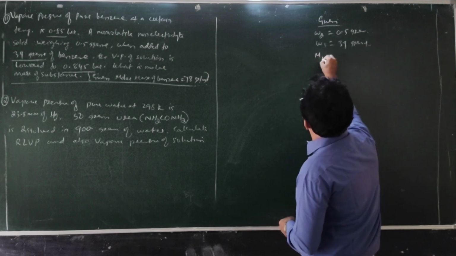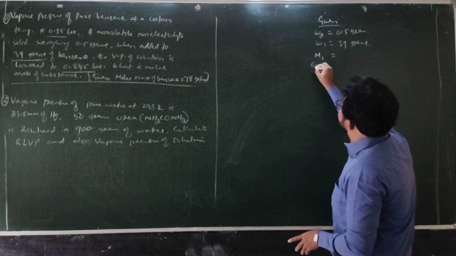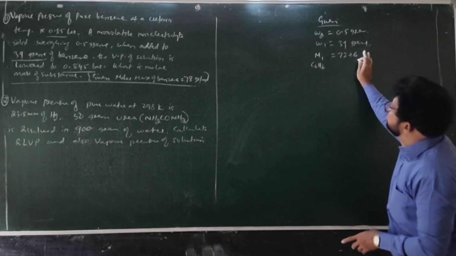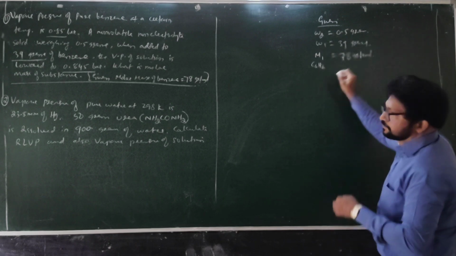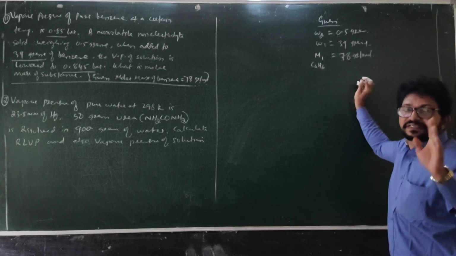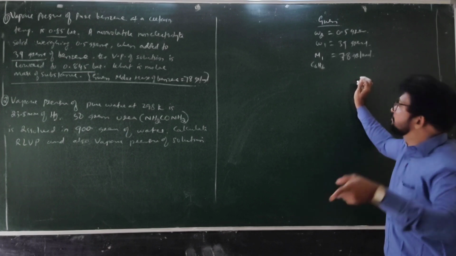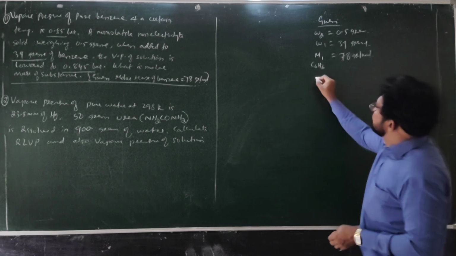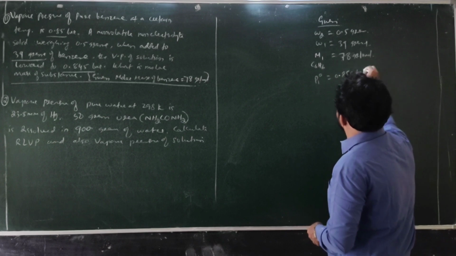Then M1 is how much? Molar mass of benzene, that is C6H6, 72 plus 6, but it is already given. I will write it, 78 gram per mole. Even if it is not given, you can calculate. For example, in entrance exams they don't give it, they give the solvent. You should know the formula and work it out. Then what is P1 naught? 0.850 bar.